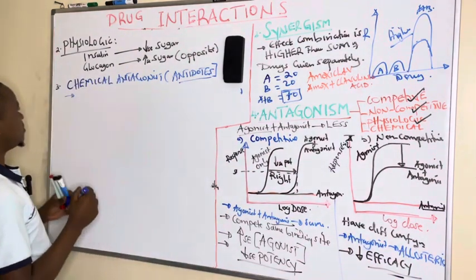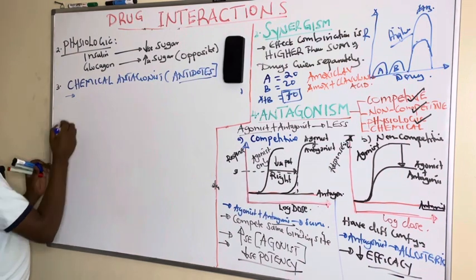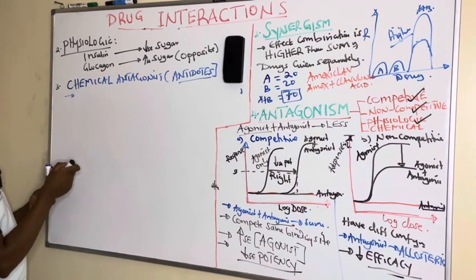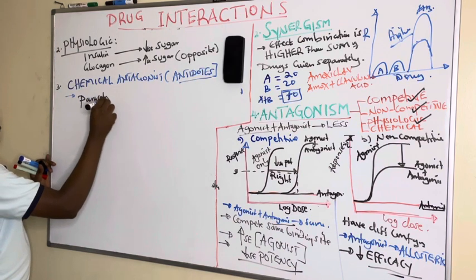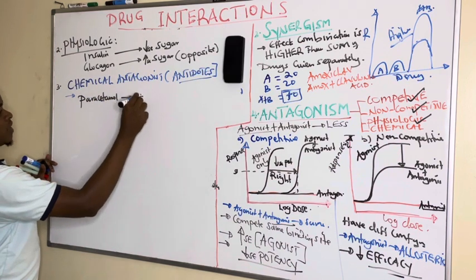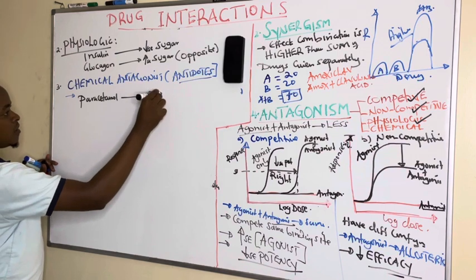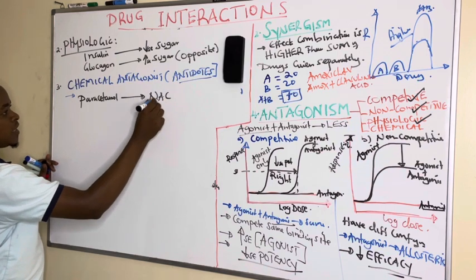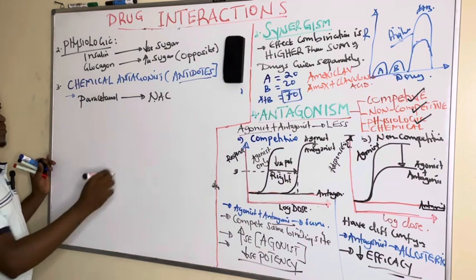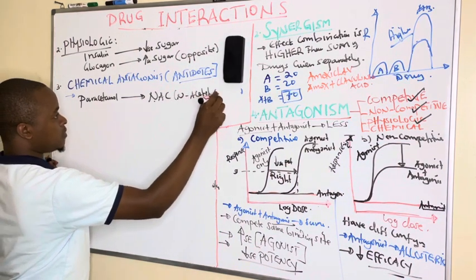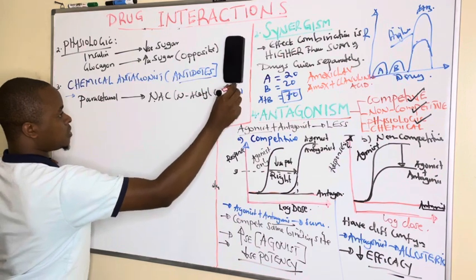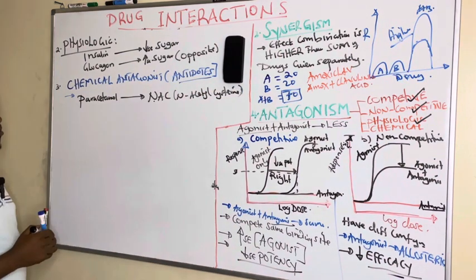So they are used as antidotes, especially in drug toxicity. For example, when someone is intoxicated with paracetamol, they are given an antidote known as NAC, which we now call N-acetylcysteine, which relieves the toxicity of paracetamol.